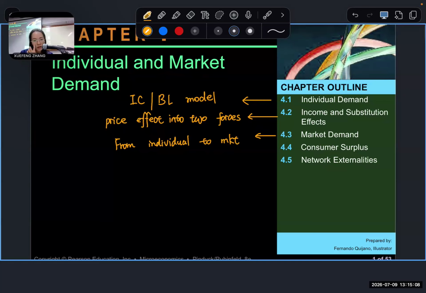Next one, consumer surplus. How much benefit do consumers get from being able to buy at the market price? Okay, so here we are talking about how to measure welfare and benefits in terms of money.